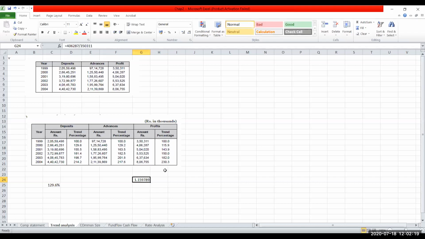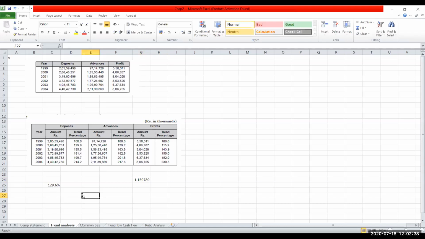So this is how I have created the trend actually. If you look at each trend, it is 100%, 100%, 100%. In 2000, it is 129%, 129%. The profit is almost the same, 115 actually, maybe because there could be some other expenses. If you see 2001, it is 155, 163. So almost it's in the same trend actually.